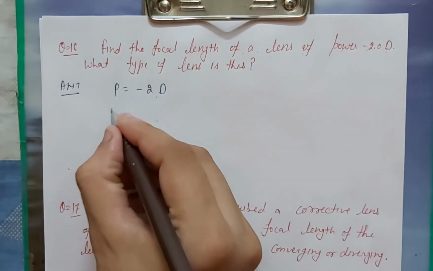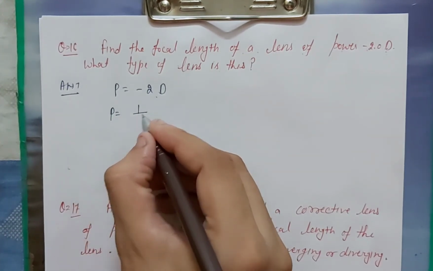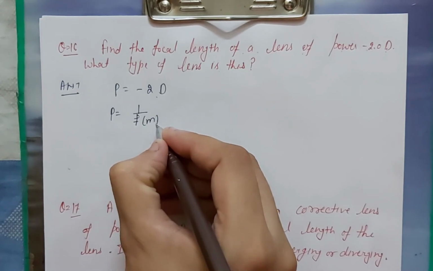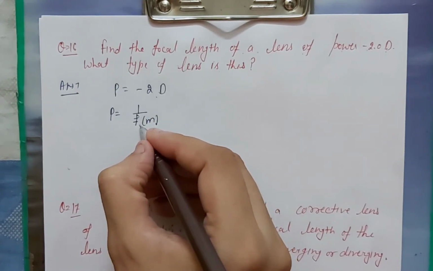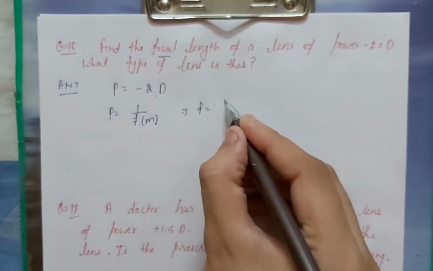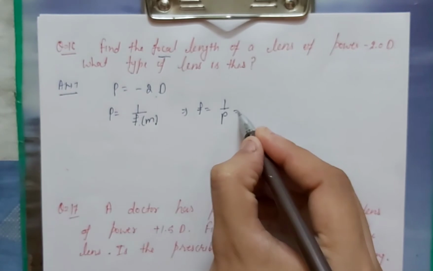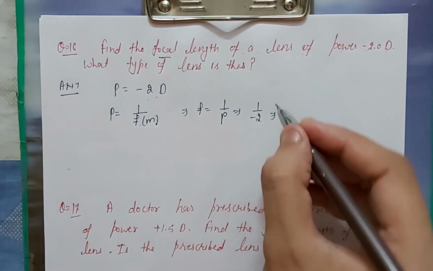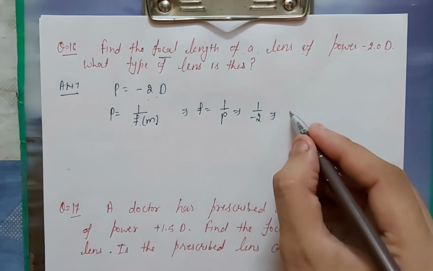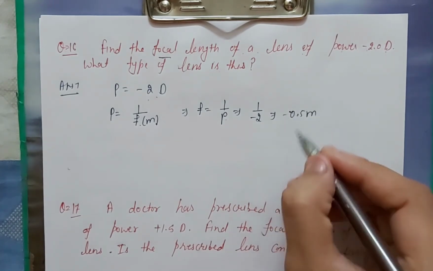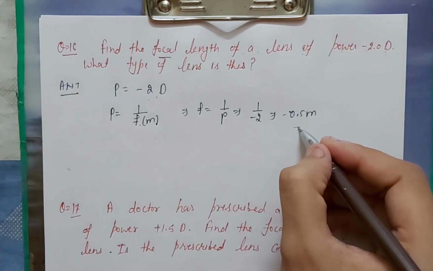So we know that power of lens is equal to 1 by f if we are taking in meter. So how can we find out the focal length? Focal length is equal to 1 by P. So what is the value of P? This is minus 2. So minus 2, we can write this as minus 0.5 meter. Okay. So this is the value.